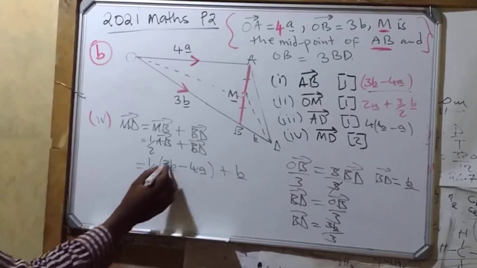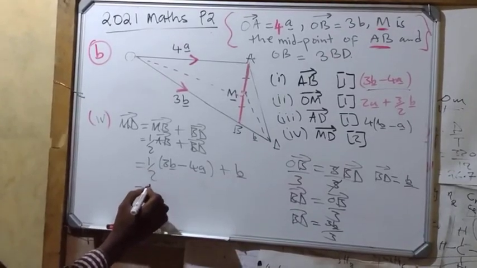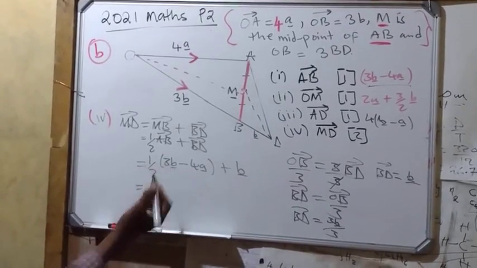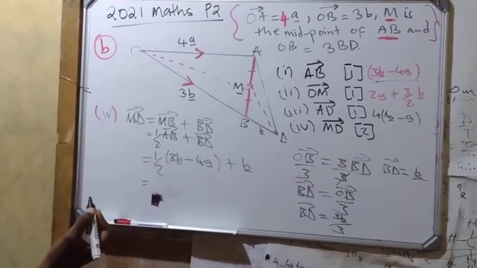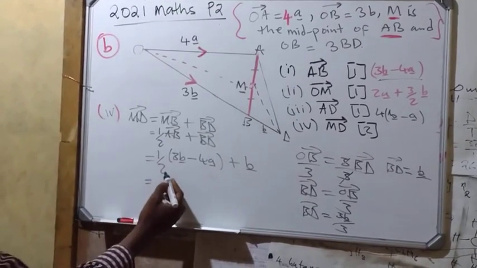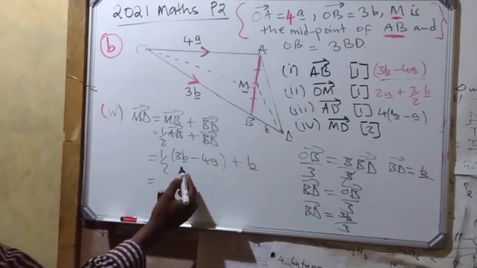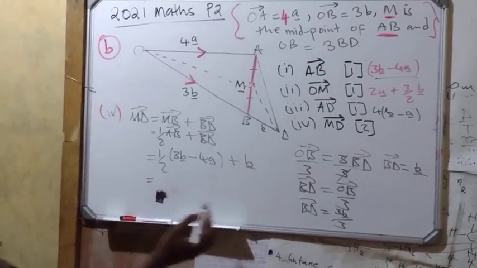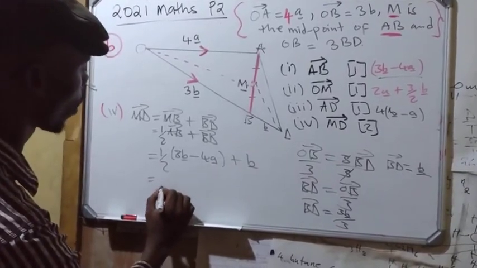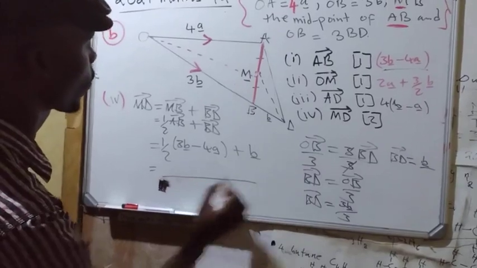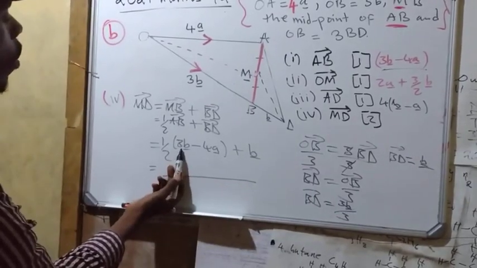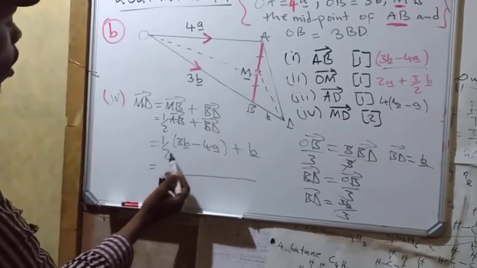Then we can distribute by multiplying it with this half. Okay, before we can do that, we can just find the common denominator. Let's just work this in this way. We find the common denominator first, because what we want is b. So where there is b again, there will be a fraction.